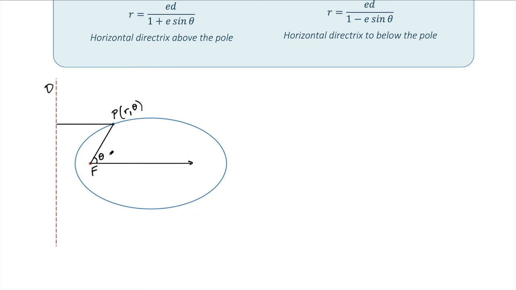Now to get one of these equations of the conics, we're going to look at that distance. The distance from the point P to the focus F divided by the distance from the point P to the directrix is always a constant. It's this number E. Now we're going to multiply both sides by this denominator here.